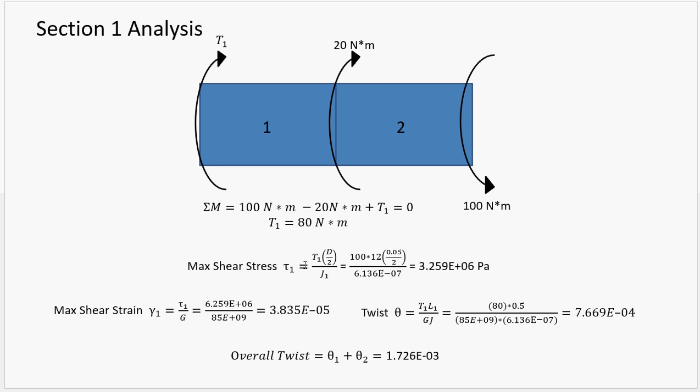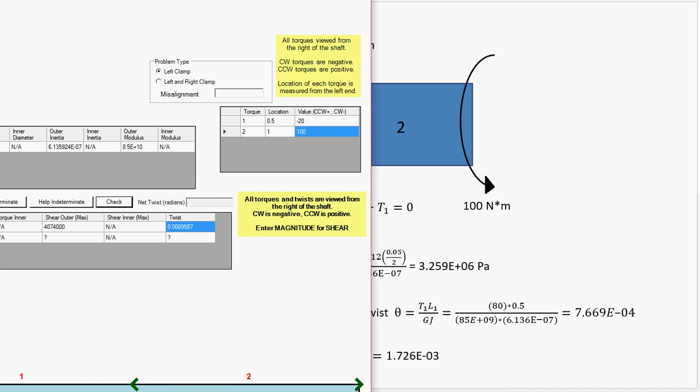So maximum shear stress, maximum shear strain, twist, it can all be solved. Now recall, even though I'm showing section 2 on here, we're just worried about section 1. Use the length of only section 1, and we can solve for all these values. So let's put in these values.